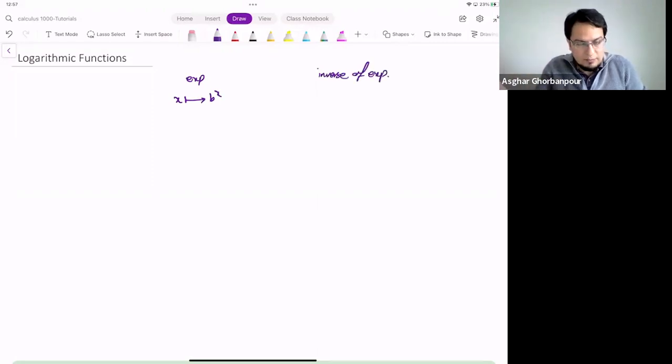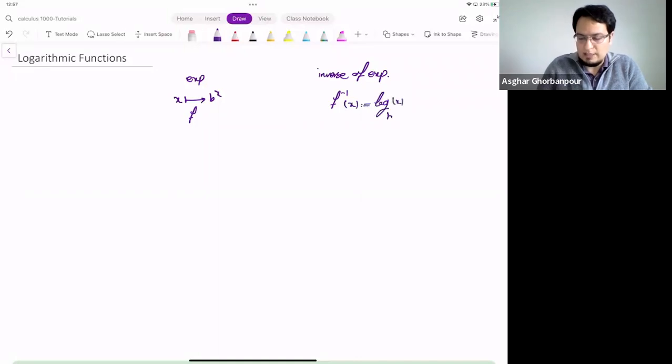Why are we allowed to ask about the inverse? Because the exponential function is one-to-one. That's why if this is f, then f inverse is what we denote by log of x base b.